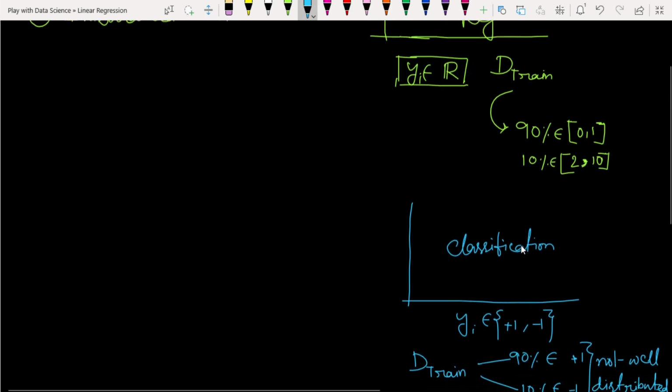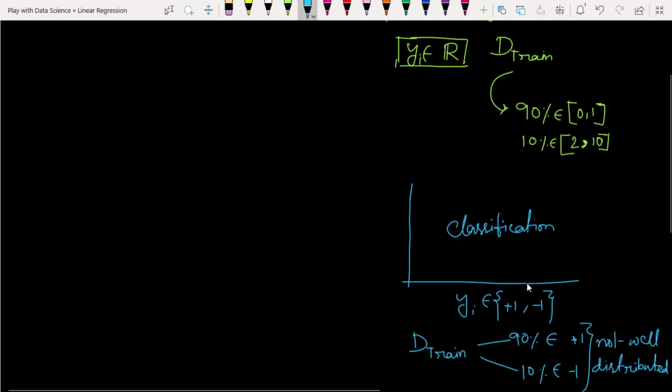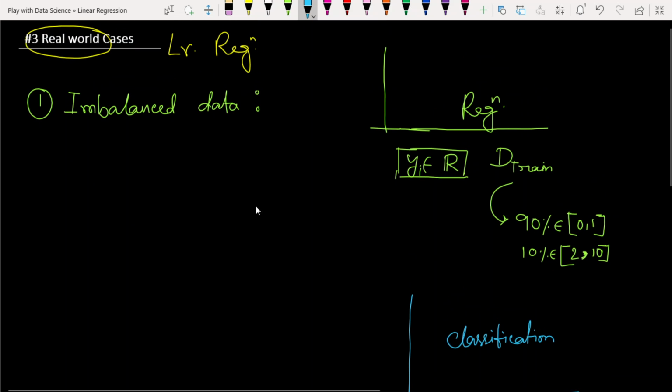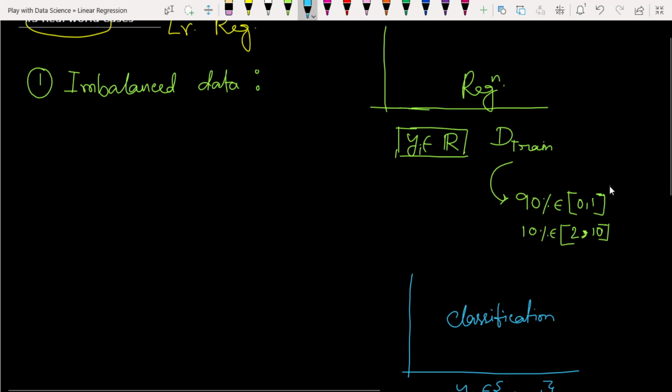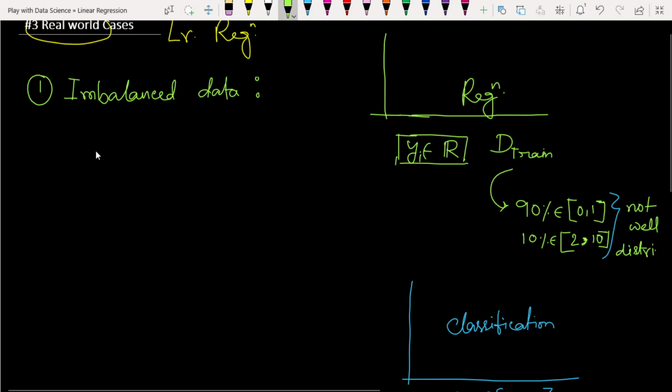So in classification and regression, such kind of data is called imbalanced data. It is also not well balanced, not well distributed.